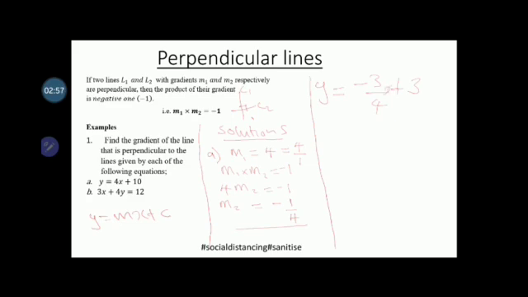There is x here, minus 3/4x. So meaning our M1 is giving us -3/4. Therefore, our M2, we swap the numbers. We're going to have 4 on top, then 3 down. This one is negative. The other one, which is M2, has to be the opposite sign, which is positive. So our M2 is 4/3. You can try multiplying these two. They'll really give you -1.